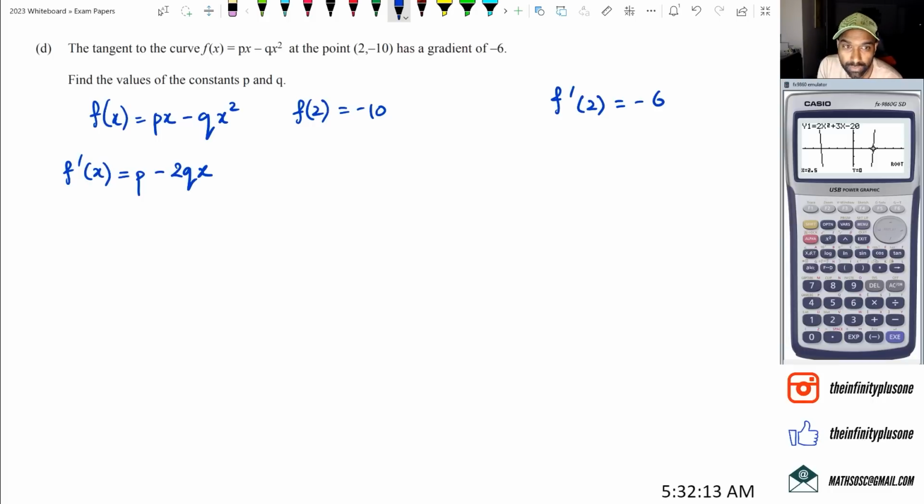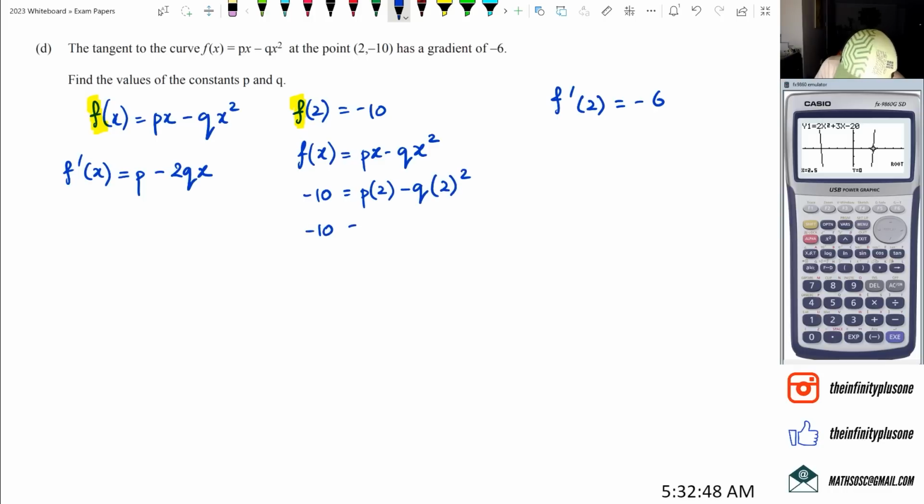Then what we can do is f of 2 is equal to -10. Remember, for f of 2, we're going to be using f of x, so we write that formula down first. f of x is equal to px minus qx squared, which means -10 equals p times 2 minus q times 2 squared.